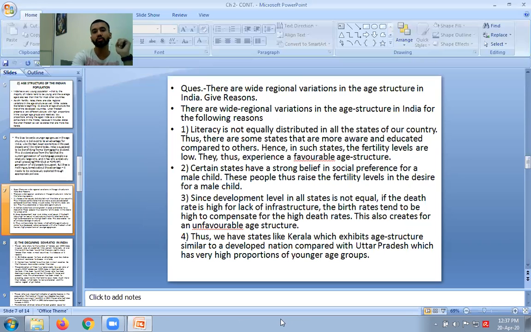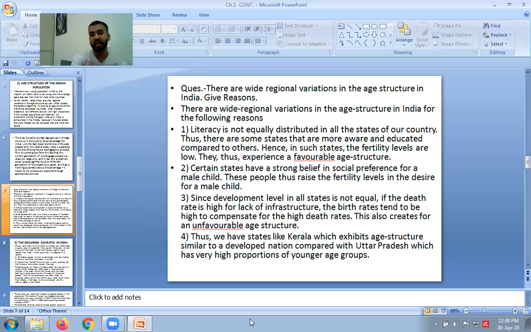We are going to explain everything in this chapter by referring to education, social and cultural phenomena, the mindset of people, and by giving examples of different states.